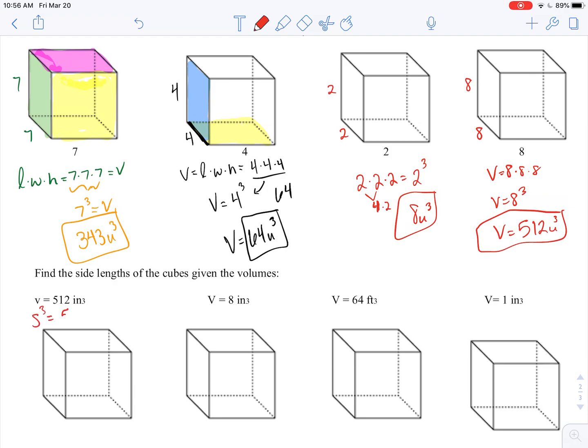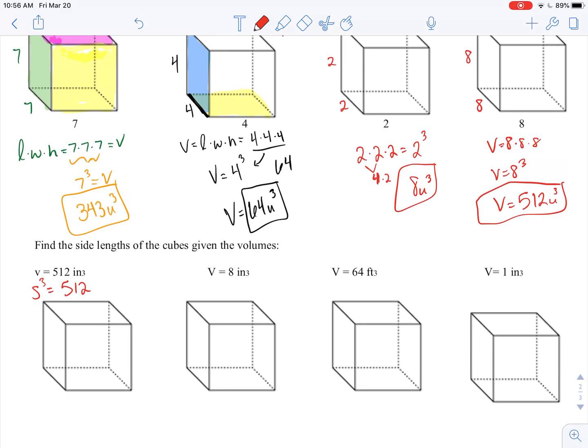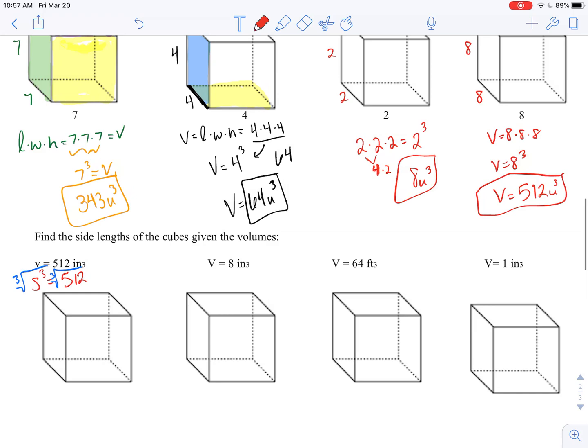We're cubing them. Now, if some side length cubed equals my volume equals 512, well then I want to solve for s. I'm trying to find the side length. But I've got to get rid of that exponent. So what's the opposite of cubing a number? Well, it's cube rooting.